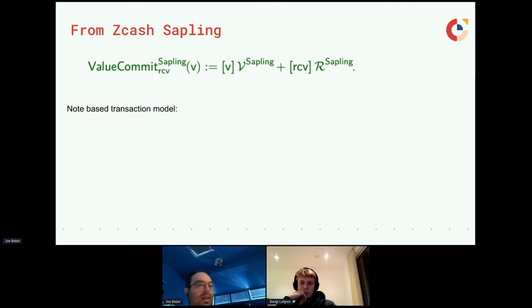And the claim is that, by the way that Pedersen commitments work and the way that we derived the two curve points V and R, this commitment should have the hiding and binding properties that we discussed earlier.